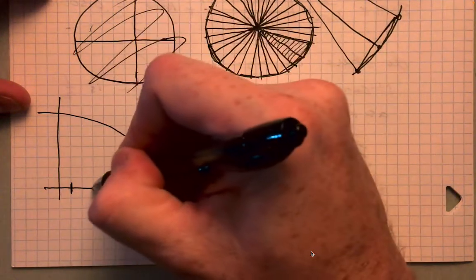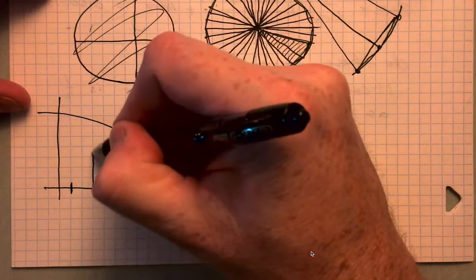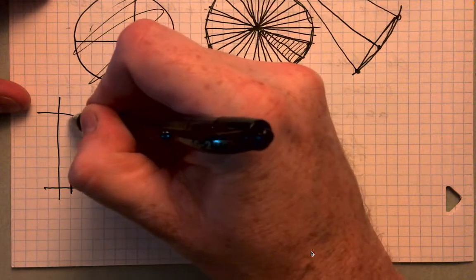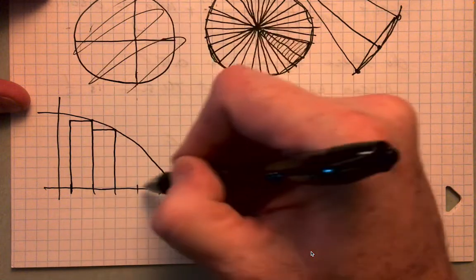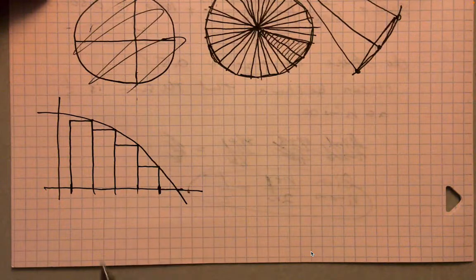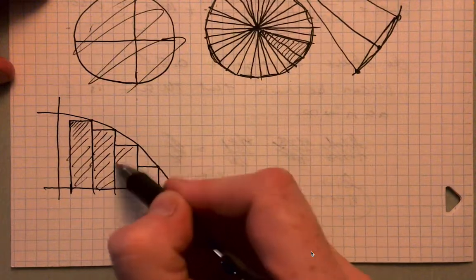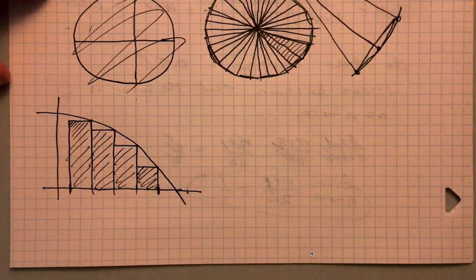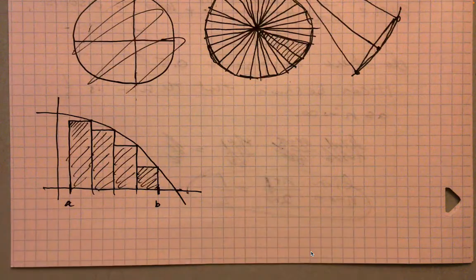Well, one way to do this would be to break this space up into a certain interval and draw rectangles underneath it, like so. Then find the area of each rectangle, and add all of those areas up, and that's going to get me an estimate for the area between these 2 points underneath this curve.